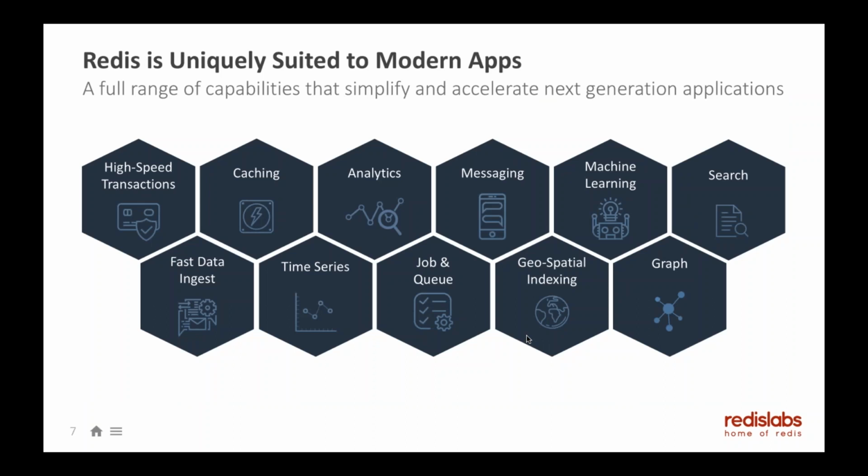Finally, before I switch into the technical material, I just wanted to mention that Redis is a modern database that really powers a lot of different use cases. Each one of our data types, each one of our modules have been used to develop applications in one of these different areas. I won't go through each one of them. But what we talk about today, which is active geo distribution, will apply to many of these cases where you simply want either geo distribution and geo redundancy.